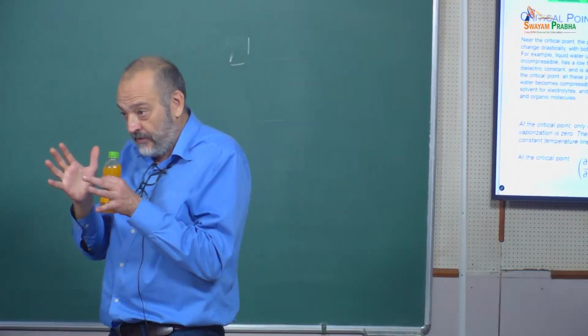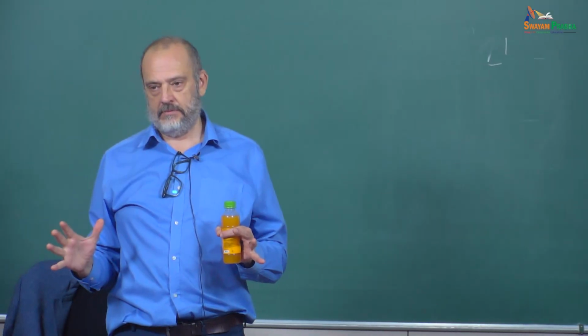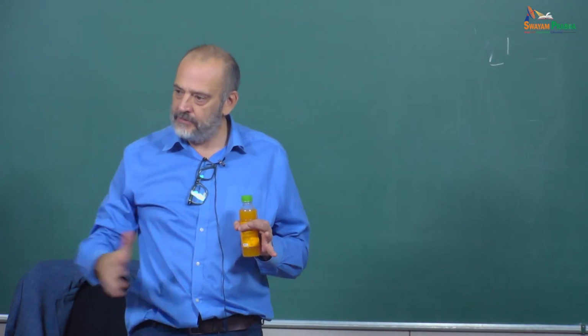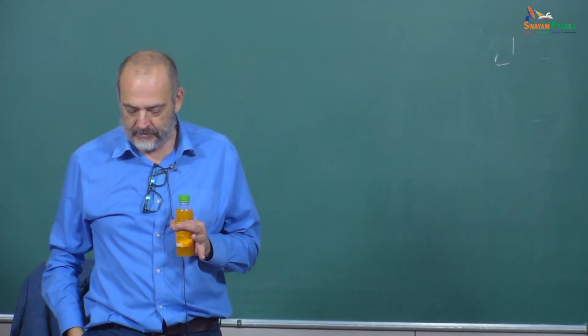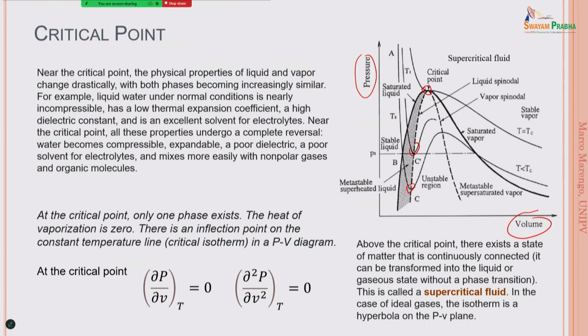Because what is happening close to the critical point is quite complex. So you cannot use the usual way. It's not possible. Above the critical point, there is no variation between liquid and vapor, so these are so-called supercritical points. And so we can use the classical hyperbolic behavior for an isothermal process.